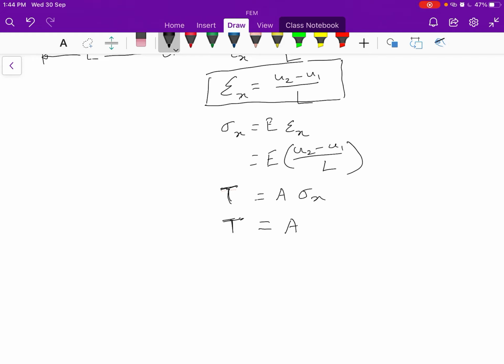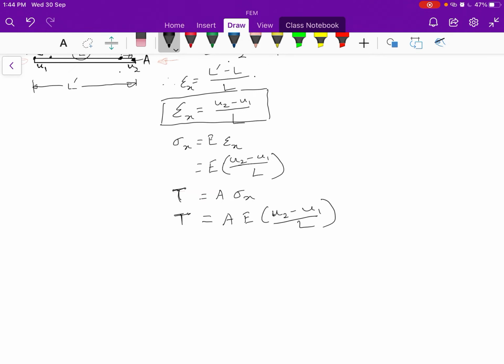So we can write T equal to A into E multiplied by U2 minus U1 divided by L, or we can say that we have got one very important relationship: T equal to A into E divided by L multiplied by U2 minus U1.